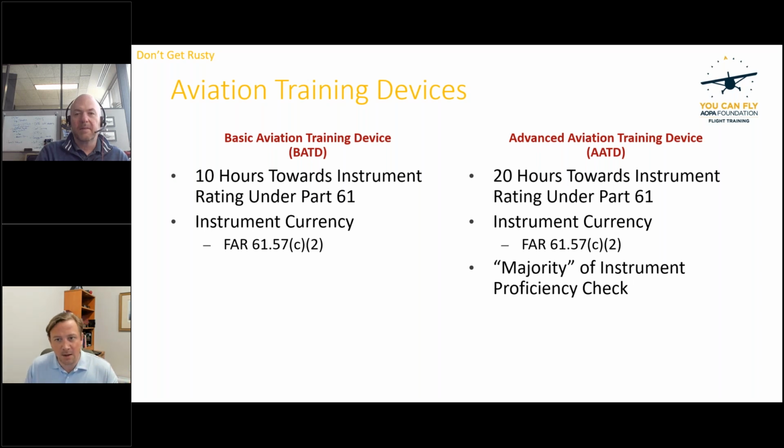In a BATD, you can't log any time for the private, and you don't get any currency credit for your private pilot's license, your standard certificate. That's because currency for that is based off of landings, and you cannot get landing credit in an ATD of any kind. Period.